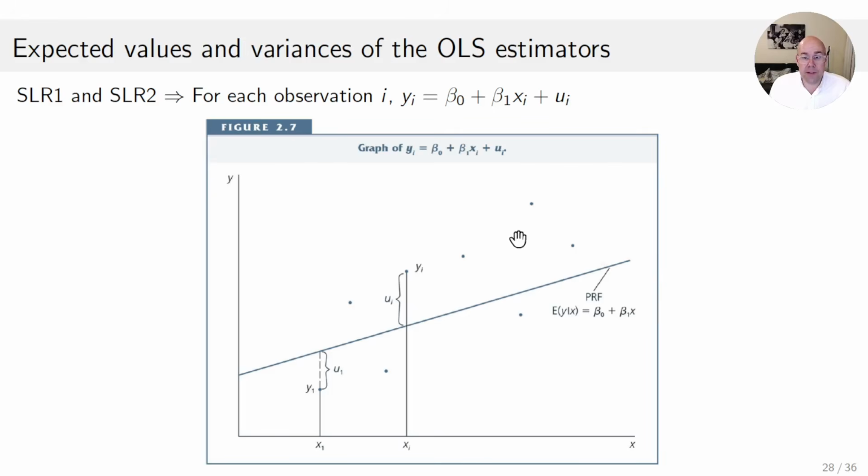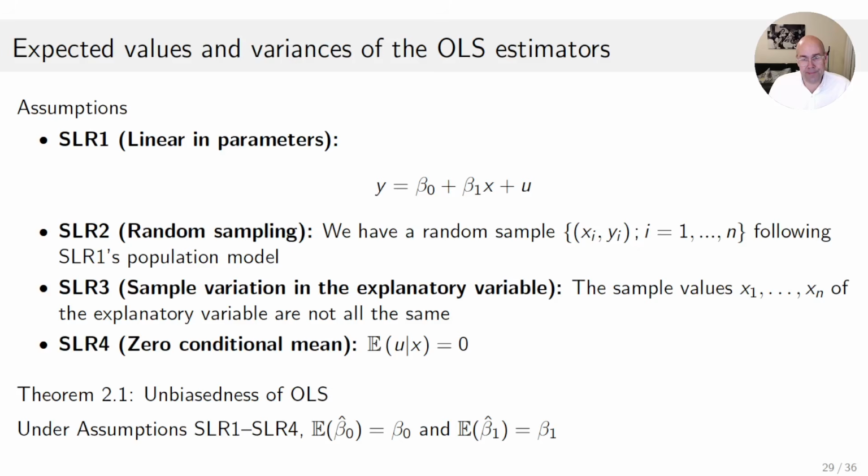And then we have this observation, for instance, this one here. For this observation, it is the population regression function for that particular value of x, which is x_i, plus u_i. So u_i is the error term for that observation i.